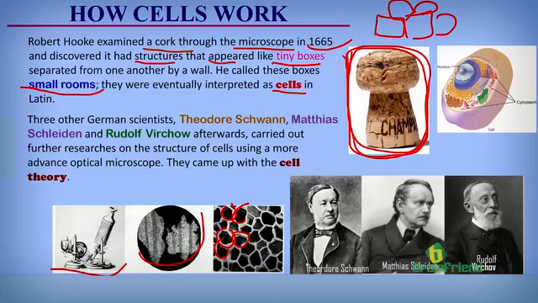After Robert Hooke, several other scientists went into research on cells. An example of such scientists are three Germans called Theodor Schwann, Matthias Schleiden, and Rudolf Virchow. These three scientists carried out further research on the structure of cells using a more advanced optical microscope.